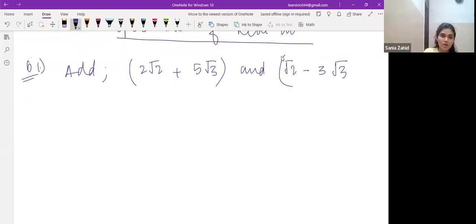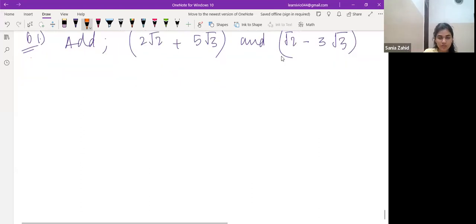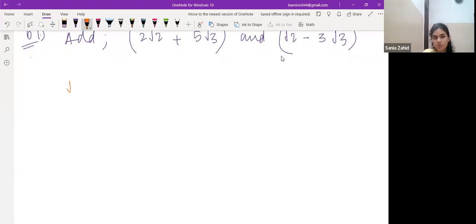See very carefully. First of all, whenever you have under root numbers, let's first look at this. Let's suppose I have root 2 and I say plus 3 root 2. Do these numbers have a similar root? Yes, this has a root 2 and this also has a root 2.